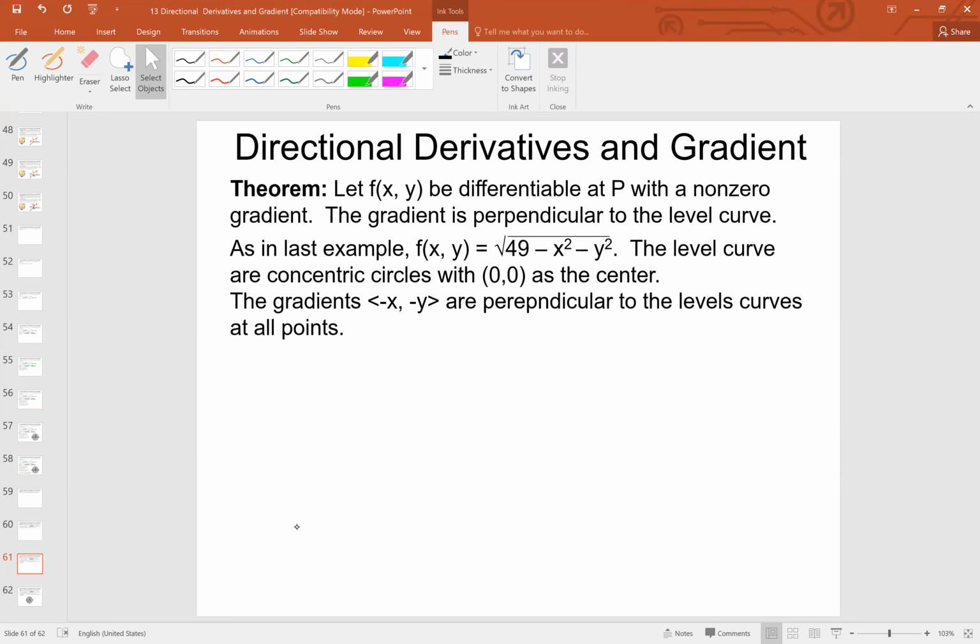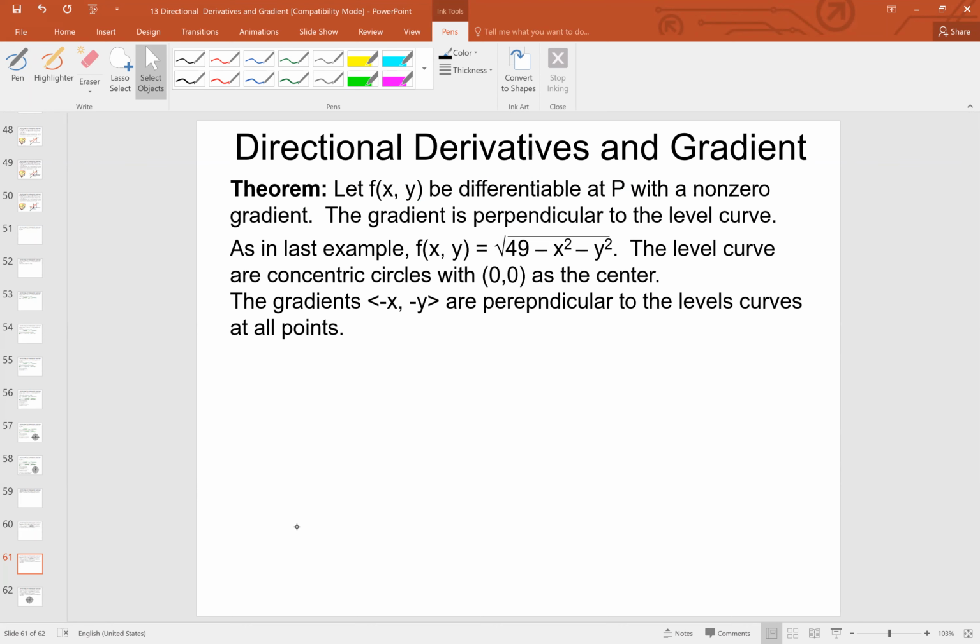Since in the direction of level curves the slope is 0, the gradient dotted with the direction of the level curve must be 0, because it's supposed to give you the slope in that direction. If you move along a level curve on the surface, you're not gaining any height, so the slope is 0.